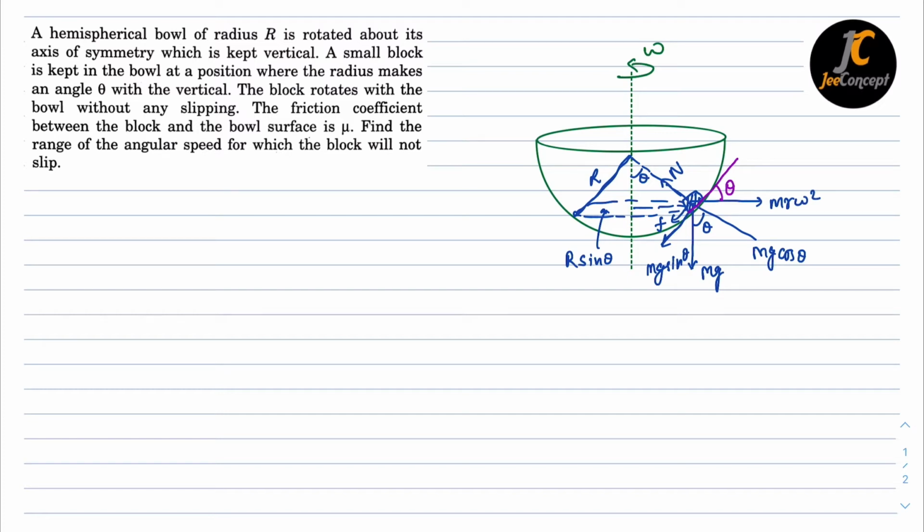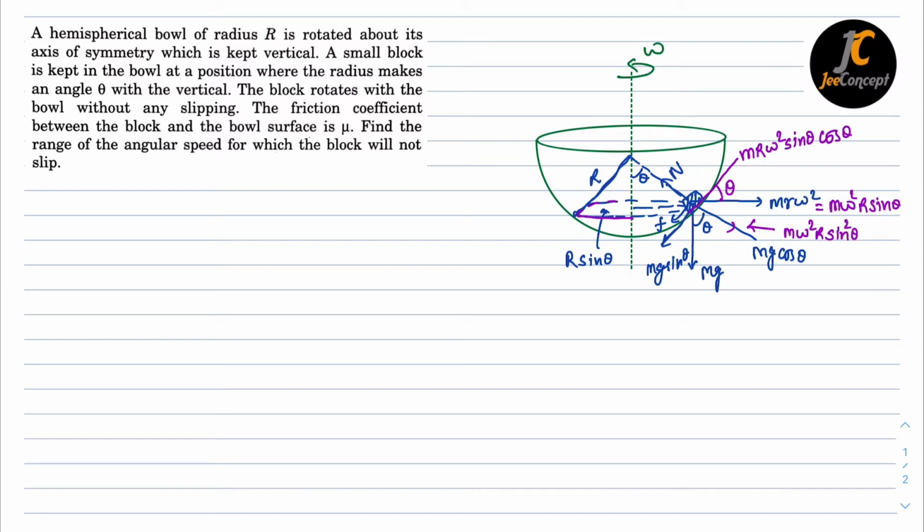Now divide the components of m r omega square. This is nothing but m omega square r sine theta, because this radius is the circular path radius. The components of this force are m omega square r sine theta into cos theta, and another component m omega square r sine theta into sine theta, meaning sine square theta, right?